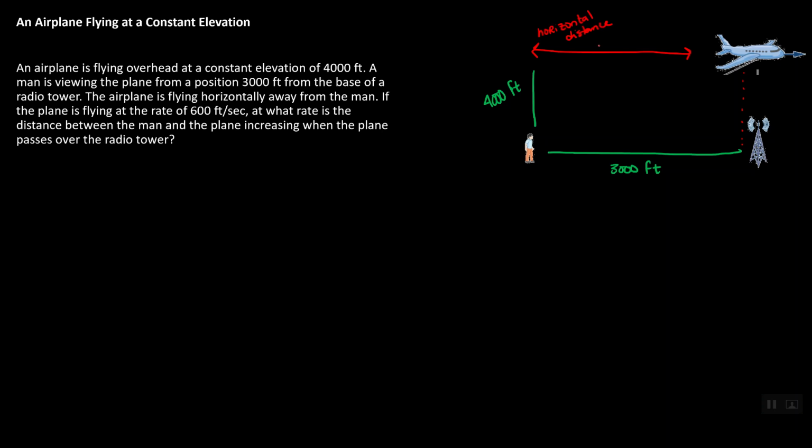That is changing as the plane flies away from the man. The book is using x to represent that variable, so we're going to use x as well. And part of our step 1 process, let's write that out. The variable would be the horizontal distance.